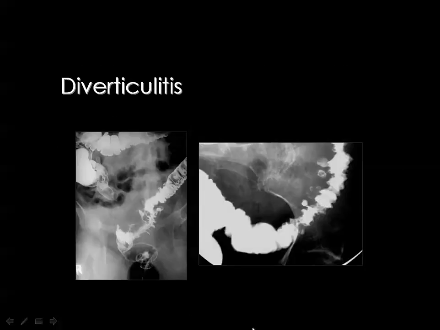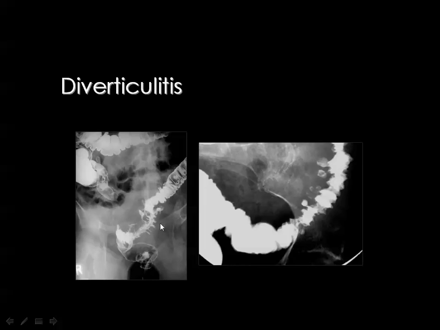Then for the diagnosis of diverticulitis by barium enema, for example, you see that in the colon there are multiple diverticula, and the segment affected by diverticulitis is spastic, edematous, and irregular in outline.